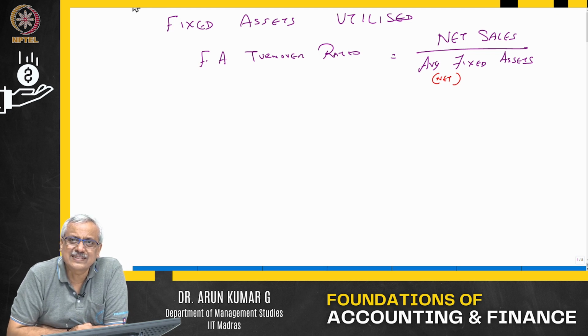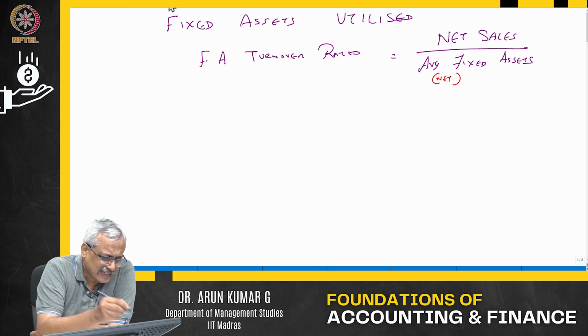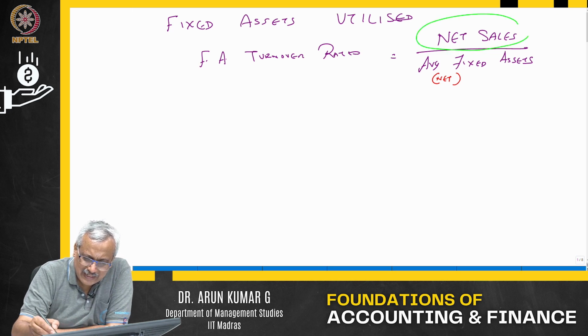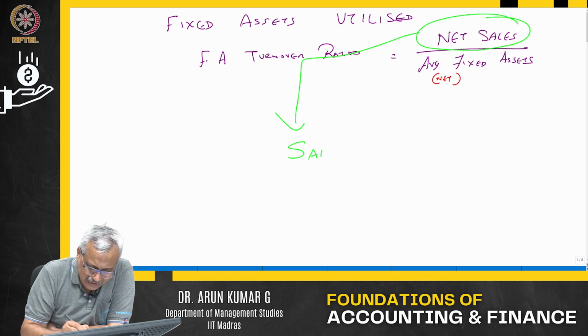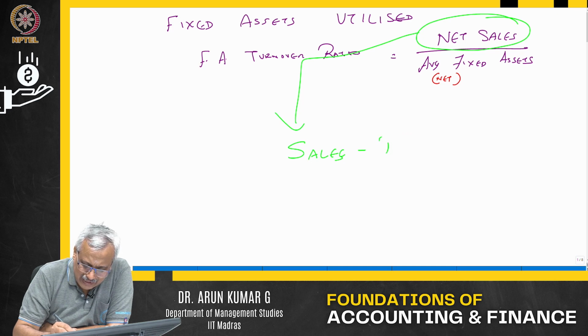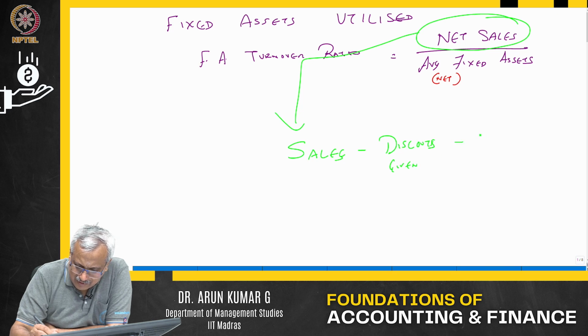Now, let us decipher this. When I say net sales, in this particular case, net sales means my gross sales minus the discounts given minus my sales returns.